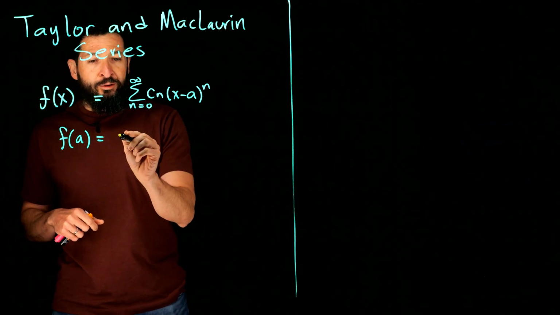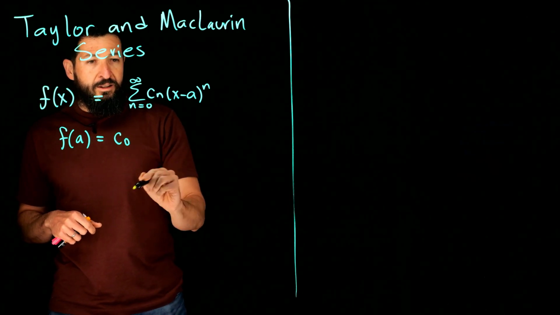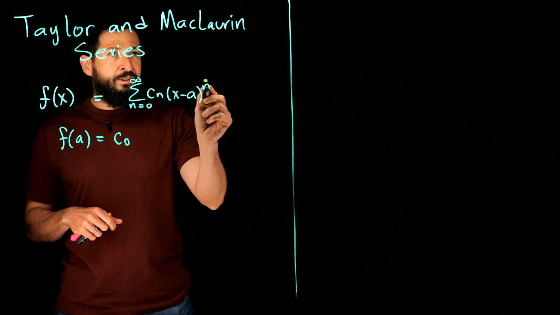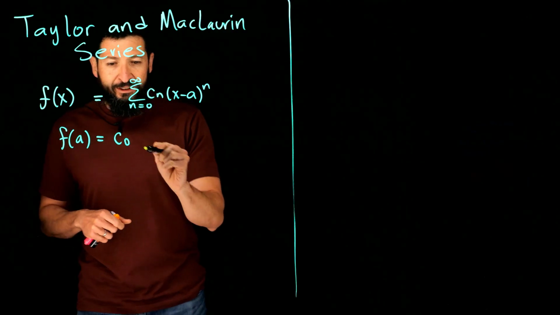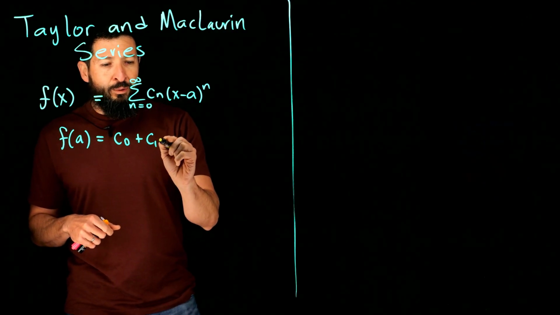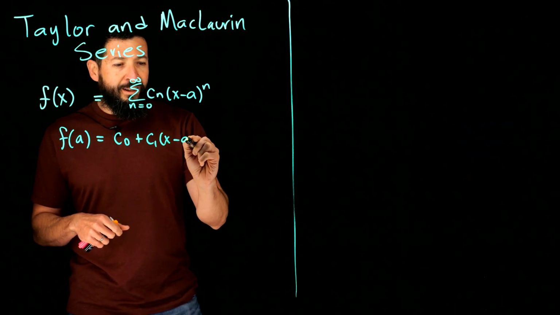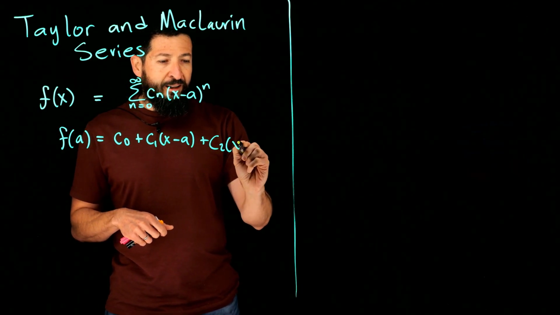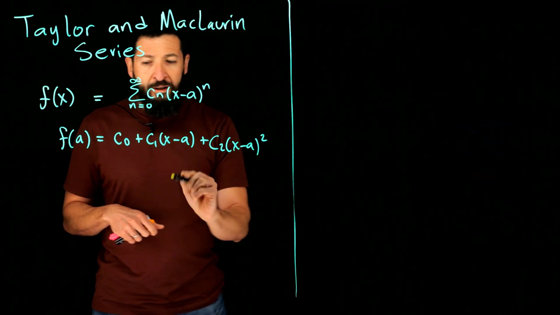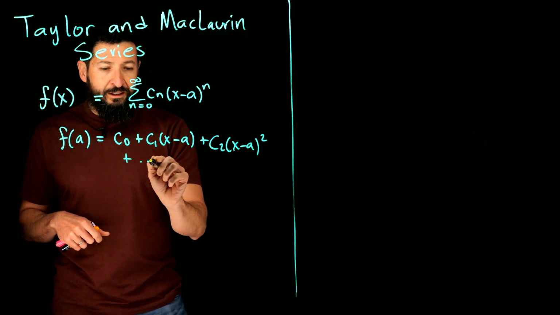Well, let me write out a few terms. So when n is equal to 0, this goes to 0, and I get just c naught, let's call it. Then the next one is going to be c1 times (x minus a) to the power of 1, plus c2 times (x minus a) squared, plus dot, dot, dot, all of them.